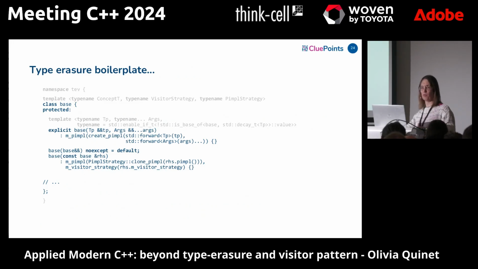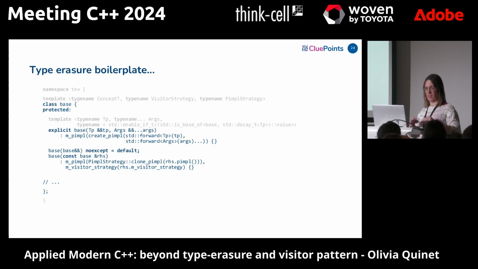So, sorry, I will go through some type erasure boilerplate, but that is something that can be reused for anything that you are going to use further. And it's in fact quite light. You don't have to type everything. Everything can be considered as a library.